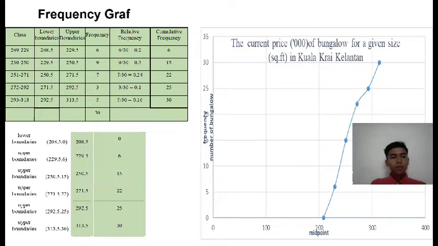Number 3, 251 to 271, relative frequency 7/30 equals 0.24. Number 4, 272 to 292, relative frequency 3/30 equals 0.1. And lastly, 293 to 330, relative frequency 5/30 equals 0.16.